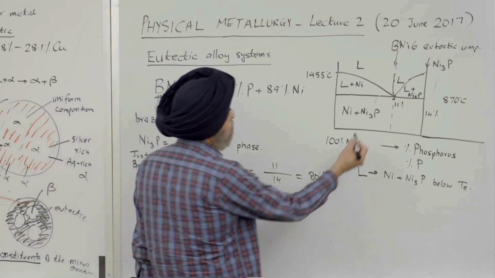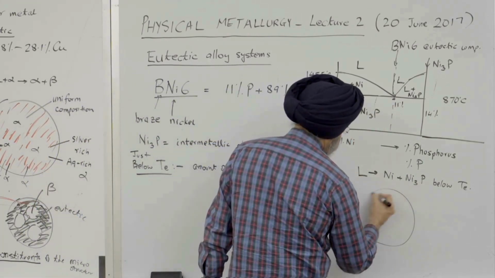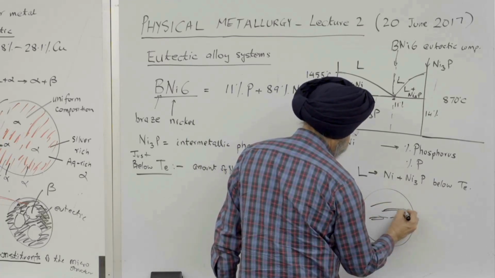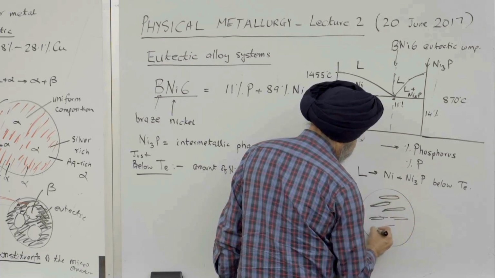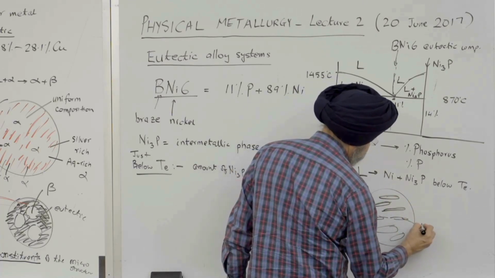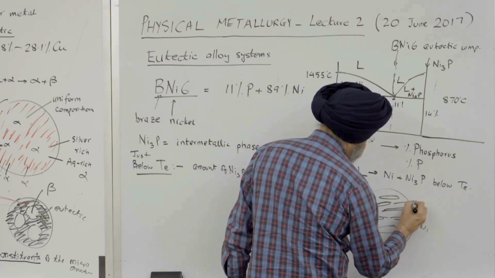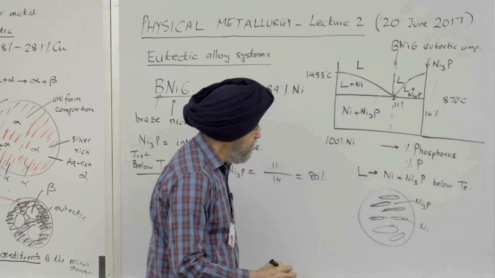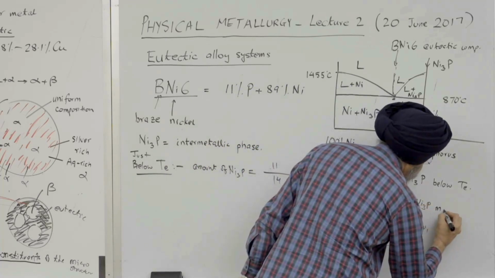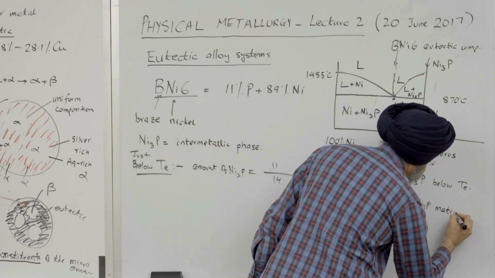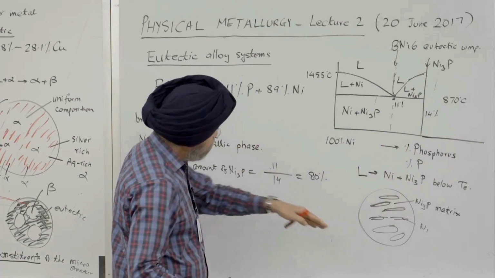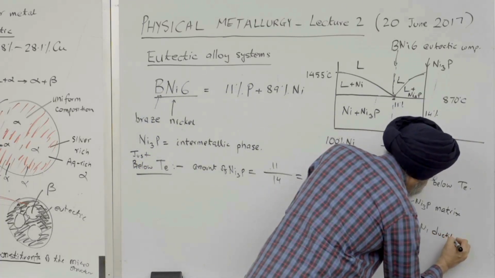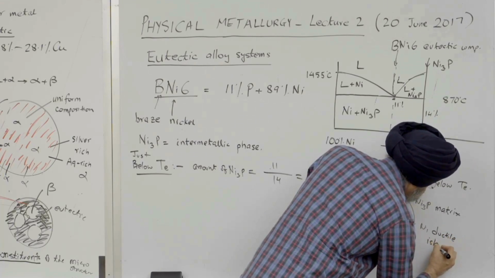So when the eutectic forms, you look at the eutectic, it'll have regions of nickel. I'm just drawing nickel as this. And in between is Ni3P. So the matrix is Ni3P. So we have nickel, and nickel is ductile, but nickel is in islands.